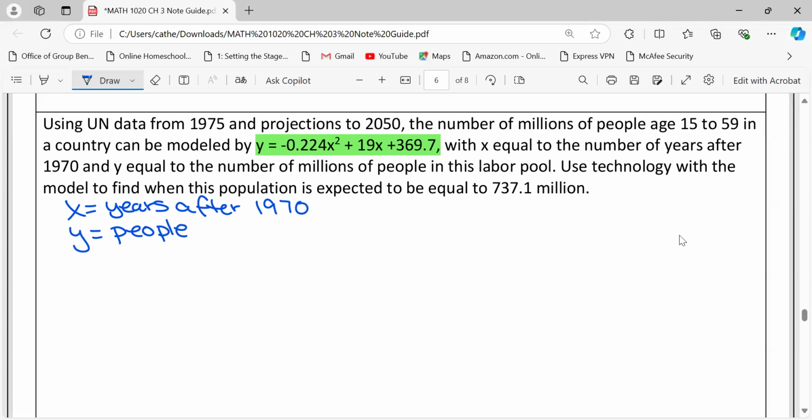Use technology to find when the population is expected to be equal to 737.1 million. So we're going to let 737.1 be equal to our equation.